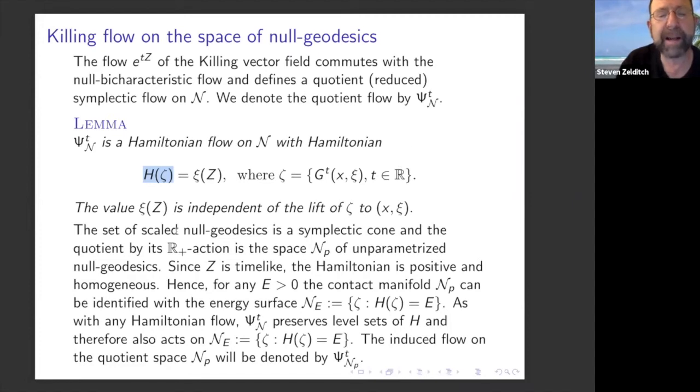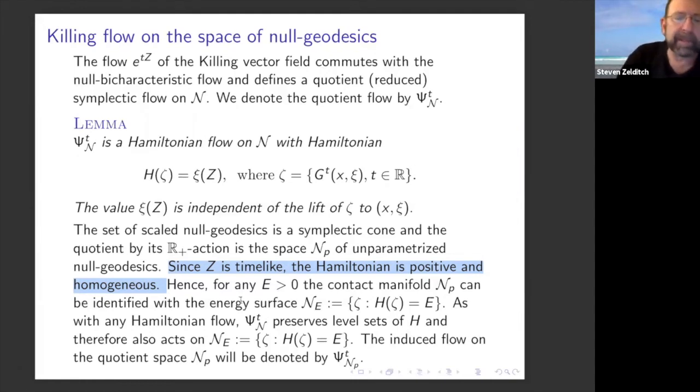So I think I've probably said everything else. One important thing for later on is that because the vector field Z is time-like, this Hamiltonian is positive and homogeneous. Because we're looking only at null geodesics, all these xi's are null. So we're letting null covectors eat up a time-like vector.